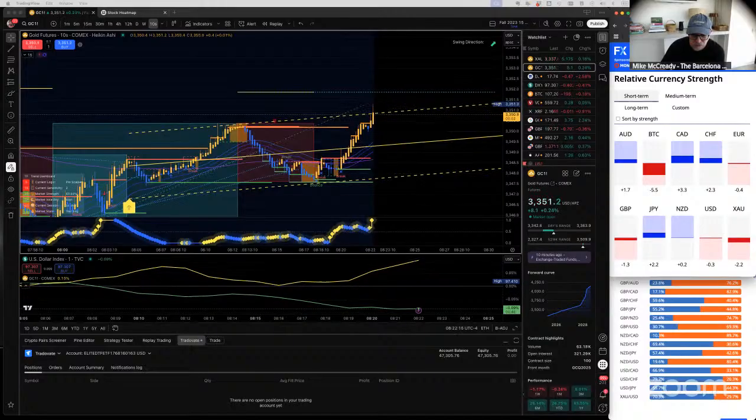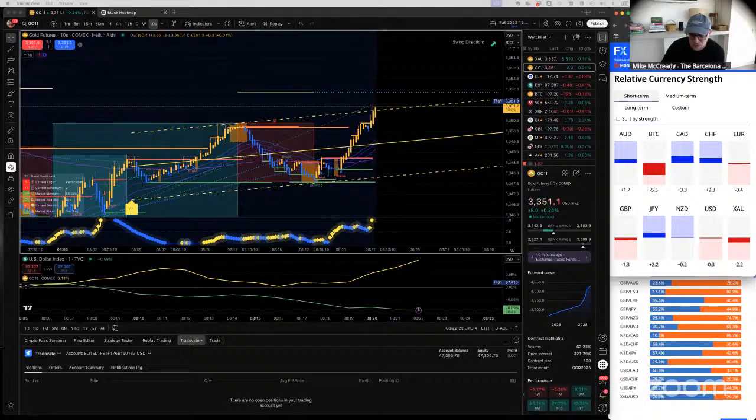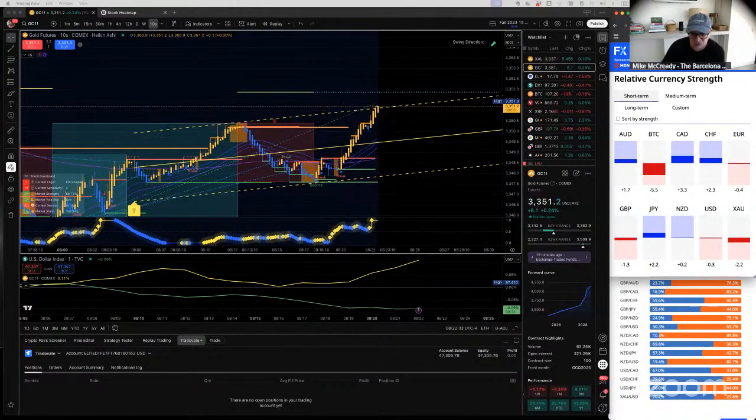We've got a final GDP quarter over quarter, unemployment claims, core durable goods orders month over month, durable goods orders month over month, and final GDP price index quarter over quarter. Those last three are orange folders, but the first three are red folders.